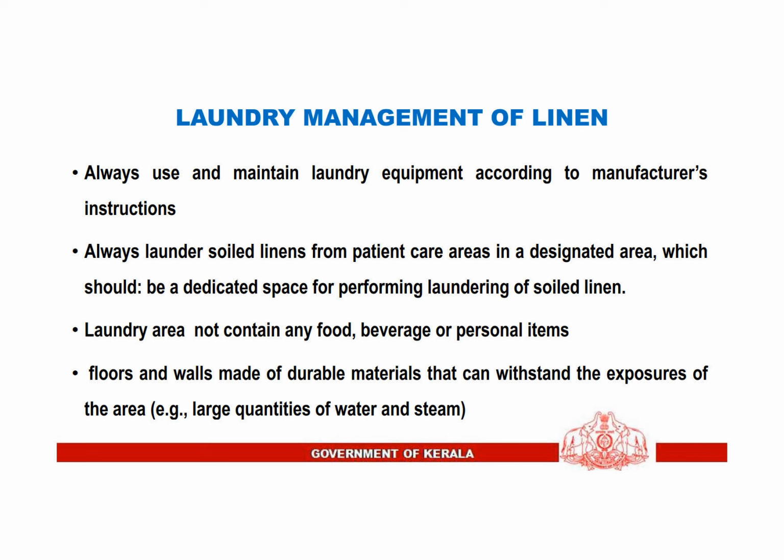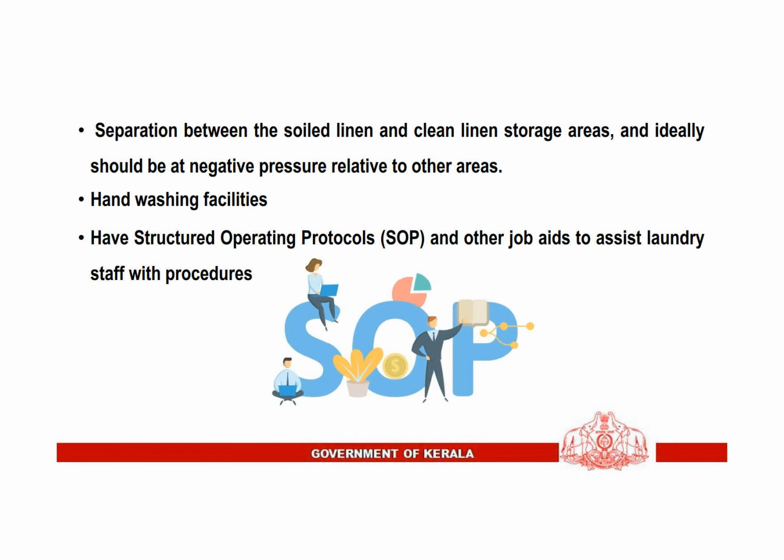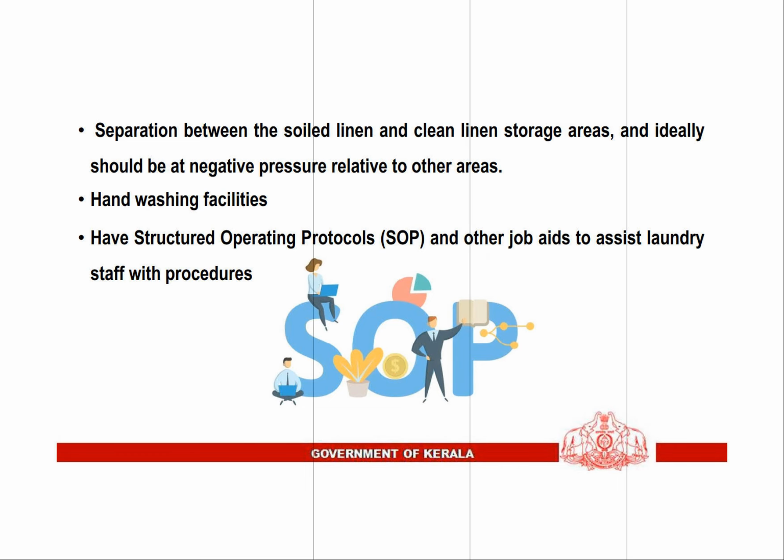Floors and walls should be made of durable materials that can withstand the exposures of the area, for example, large quantities of water and steam. There should be separation between the soiled linen and clean linen storage areas, ideally at negative pressure relative to other areas. Provide hand washing facilities. Have structured operating protocols and other job aids to assist laundry staff with procedures.